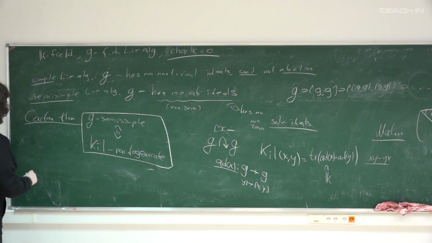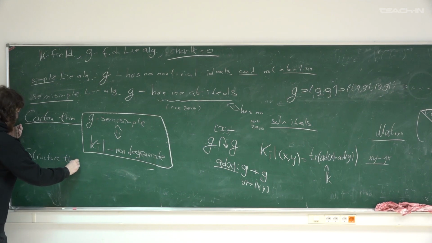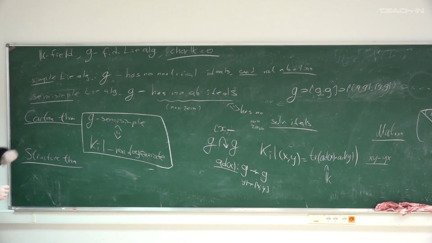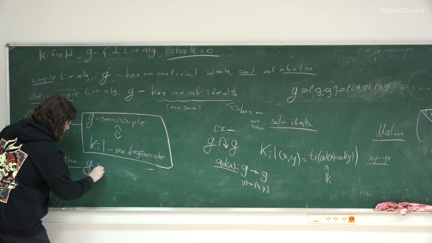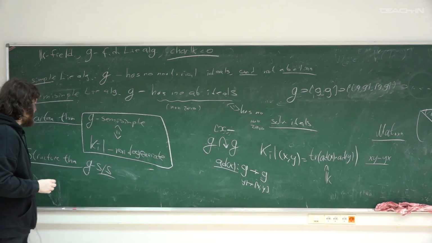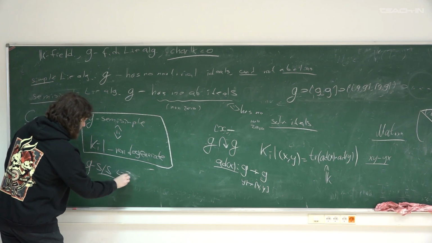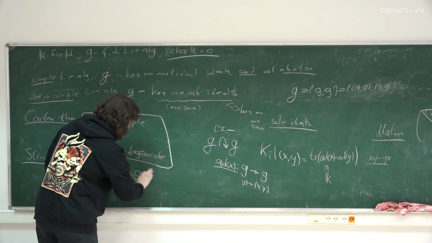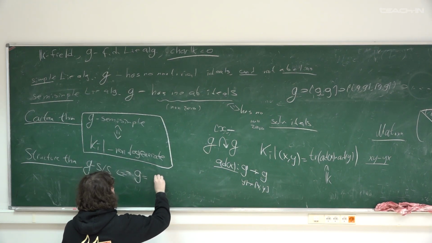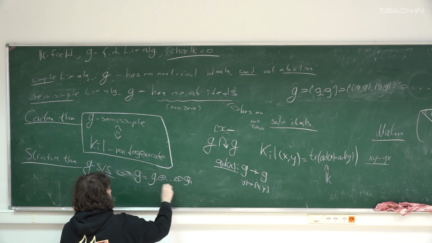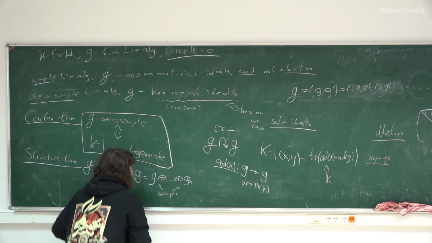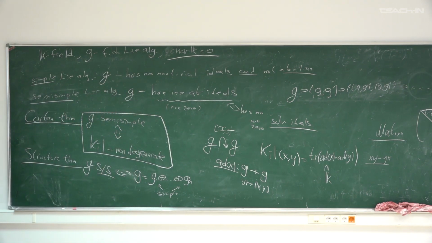Also, we have the structure theorem. In fact, it's an easy consequence of Cartan's theorem. G is semisimple if and only if G is just a direct sum of a finite number of simple Lie algebras.